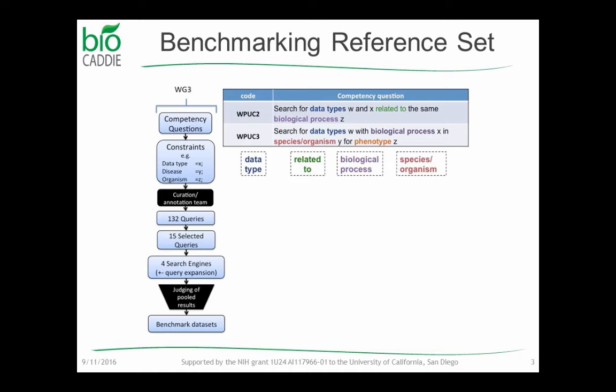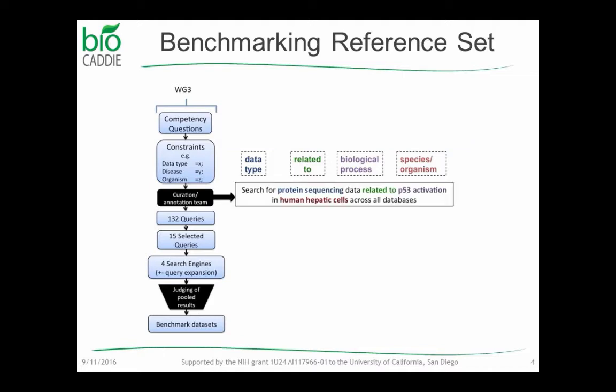So what we did was go through the set of these competency questions and isolate the constraints, and then from those we narrowed them down to a set that could be meaningfully addressed with the information we had indexed at the time we started generating the reference set. Then our curation and annotation team, who were mentioned on the first slide of my talk, tried to come up with instantiations of questions that required these constraints.